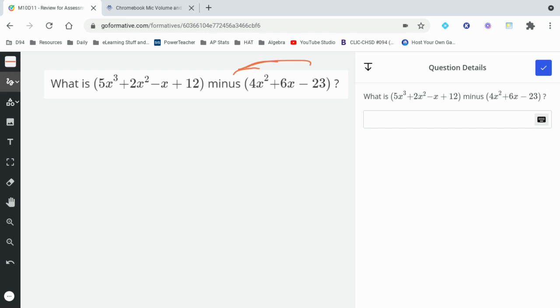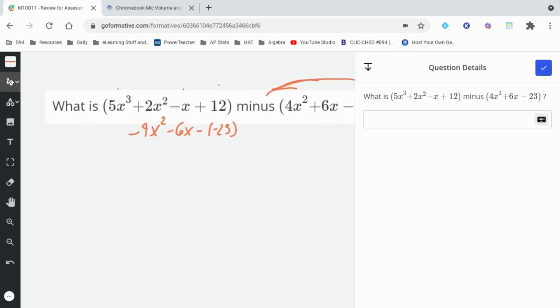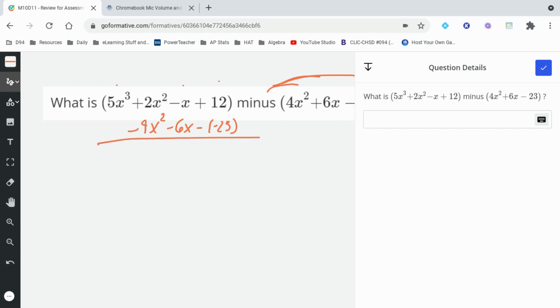Since I've got all of the different degrees here, I've got x to the third, x squared, x, and 12. I'm going to subtract 4x squared there. I'm going to subtract 6x underneath the x's, and then I'm going to subtract a negative 23 underneath the 12.